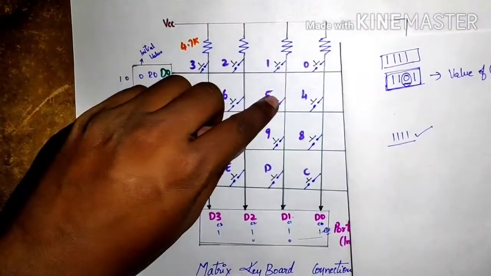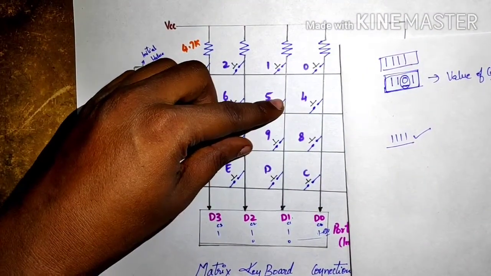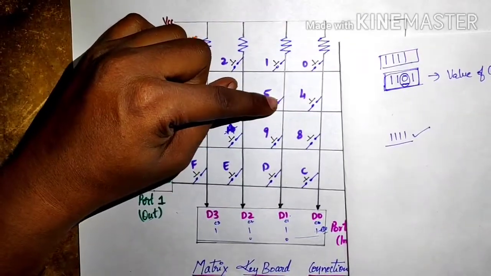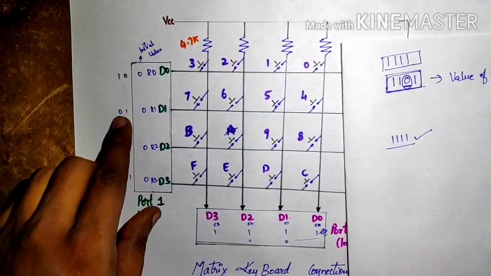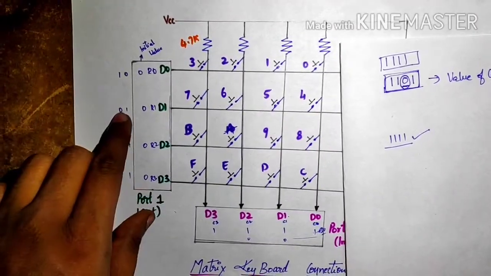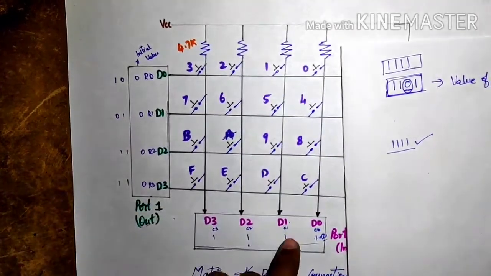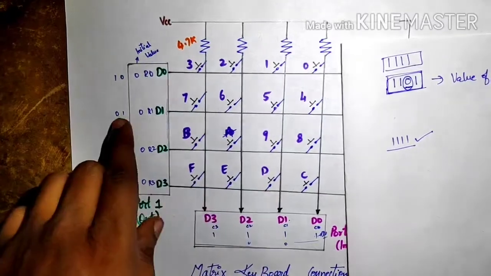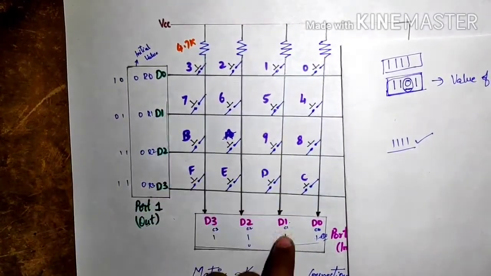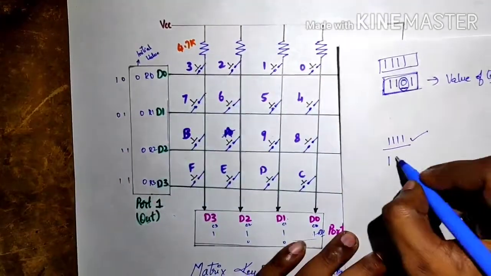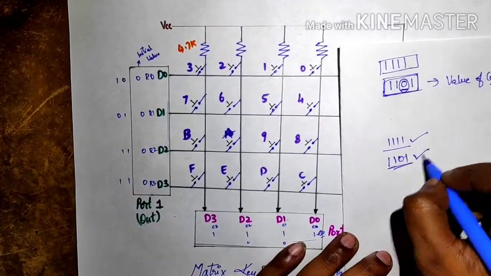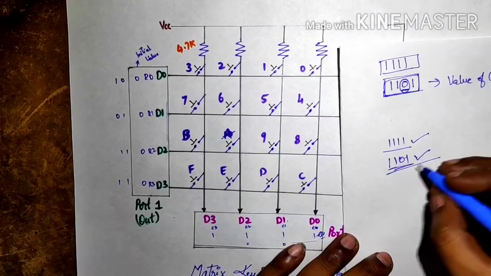Here this key has been pressed, so the path is closed. Whenever we are making R1 0, as this key has been pressed, that particular 0 will be reflected, and in this case 1 1 0 1 will appear.